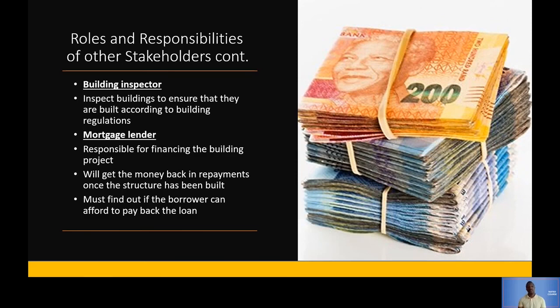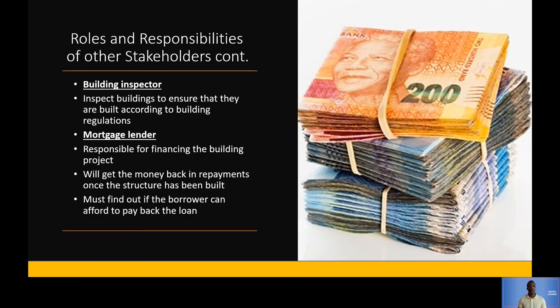And then lastly, you have the mortgage lender, the person with the money. They are responsible for financing the building project. So sometimes a client will go to a bank to borrow money to build the building, and so the bank is what we're referring to as a mortgage lender.